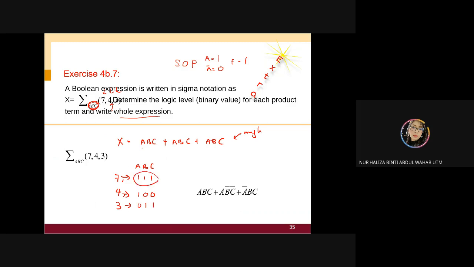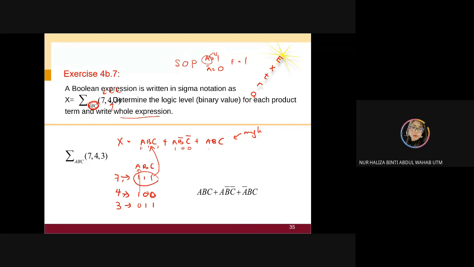So from here, the first representation will be A, B, C, because all are 1: A or B or C. And for 1, 0, 0, you will get A is 1, 0 will be B bar, C bar.